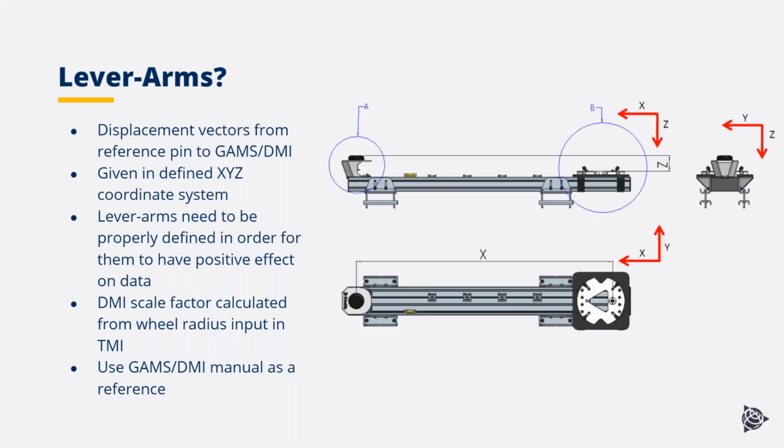I have here an example of an MX7 roof rack. In this case, for example, the antenna lever arms are measured from this reference pin here to the center of the antenna. So for example, X in this case could be something like 1.5 meters, 2 meters, depending on how long the roof bar is.